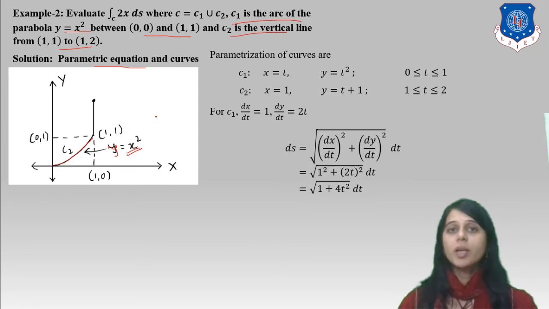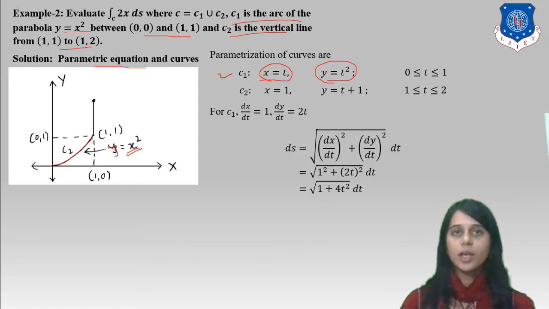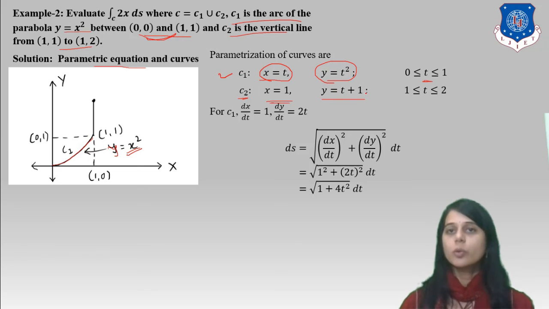Now the parameterization for C1: we take x = t, y = t² due to the parabola, and the interval is 0 to 1 for t. For C2, x = 1 and y = t + 1 due to the vertical line, with 1 ≤ t ≤ 2.